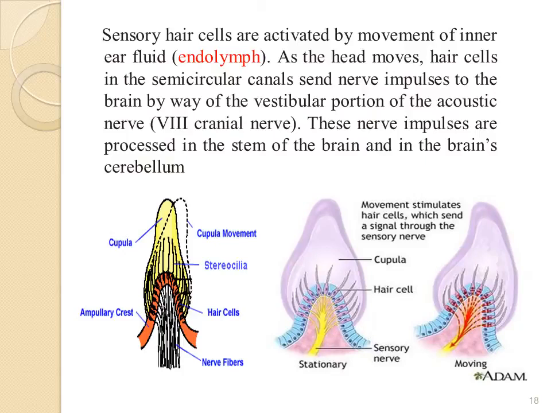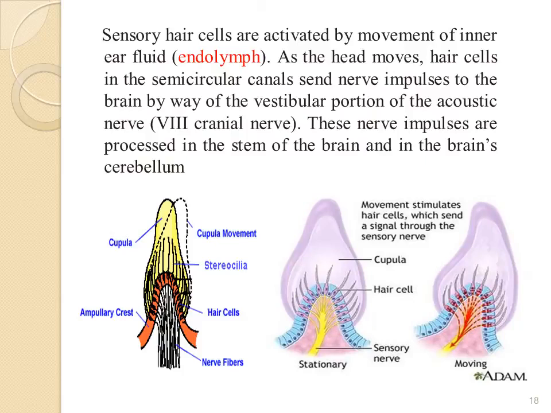In this picture, you can see the sensory nerve that sends impulses to the brain by way of the vestibular portion of the acoustic nerve, a special nerve responsible for sending impulses from the hair cells during the stationary and moving cases.